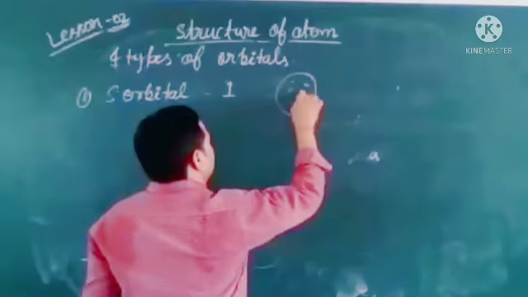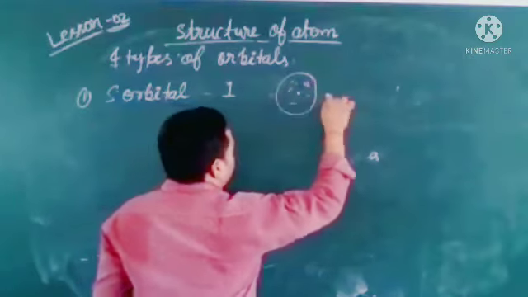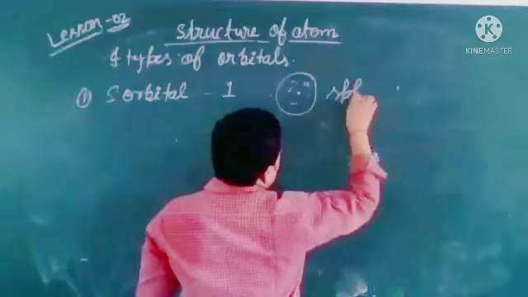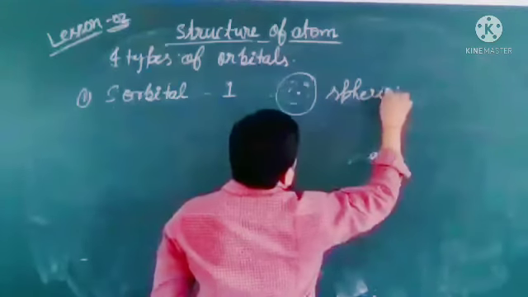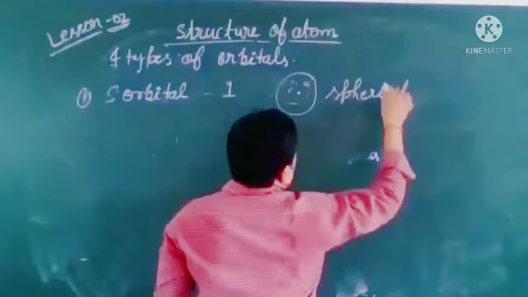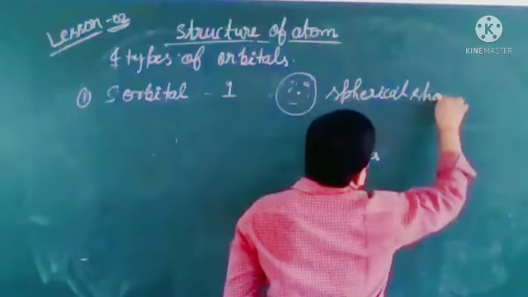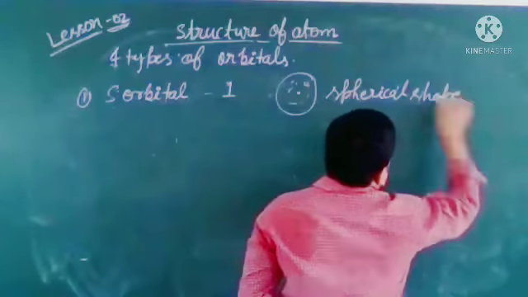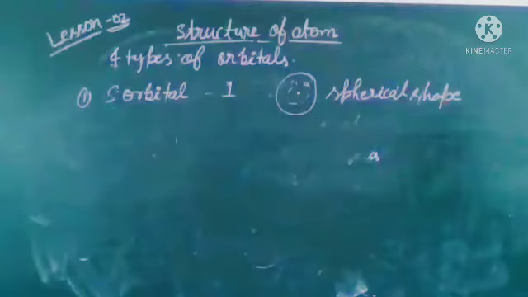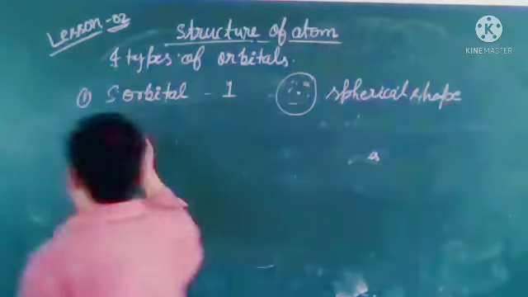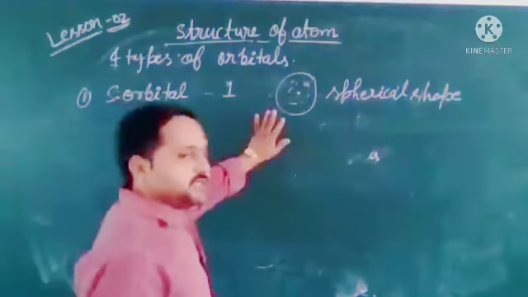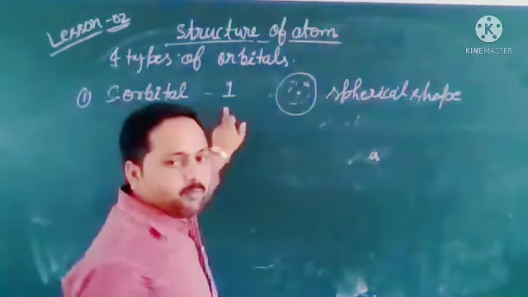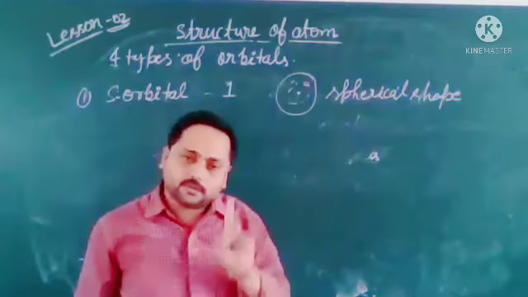So the s orbital is spherical in shape, like that, and it is one type. Only one s orbital.